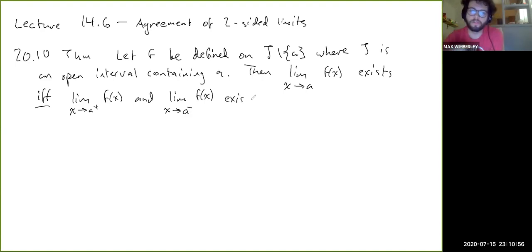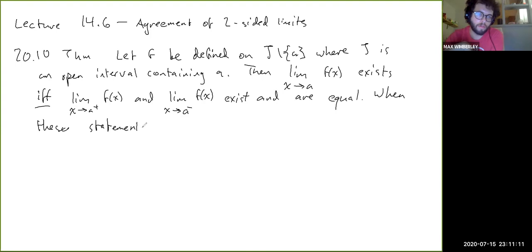So it's not just that they exist, of course. If they exist and are equal, when these statements hold, meaning all three of these statements, or all two of, I guess this is one statement.